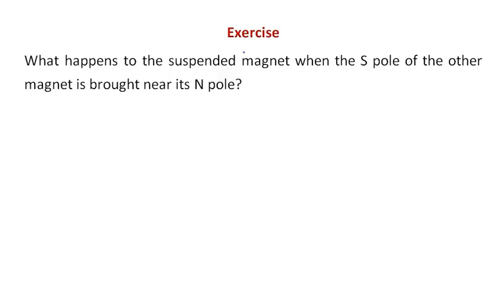Now let us do certain exercises so that the concept about poles becomes clear. The first exercise is: what happens to the suspended magnet when the south pole of the other magnet is brought near its north pole? So we have a suspended magnet.